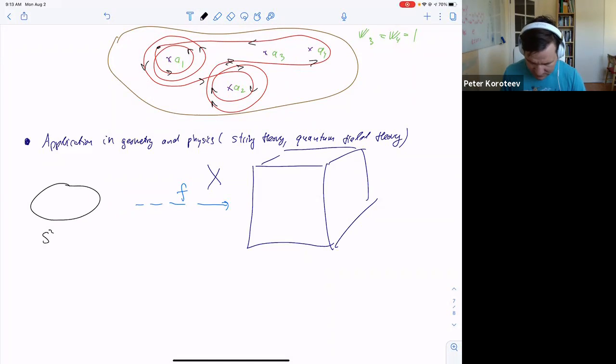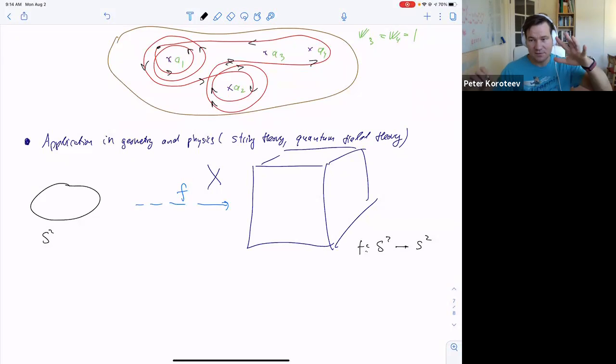And then you construct some functions. You study some map of those spheres into a space. X can be a sphere itself, right? For example, it's a legitimate question to ask how you can map a sphere to itself, and what kind of different maps you can have. It turns out that it is non-trivial.